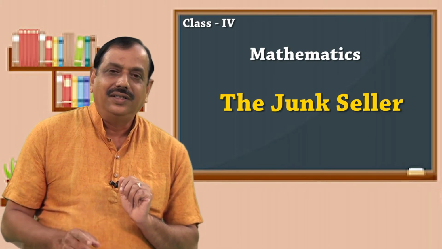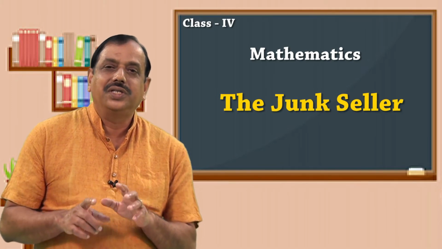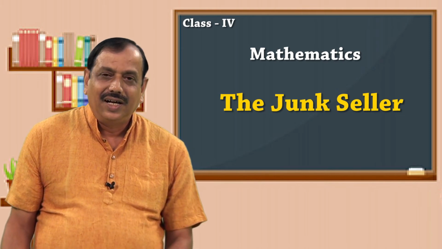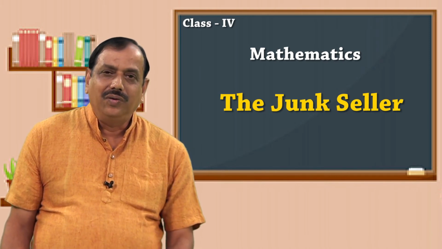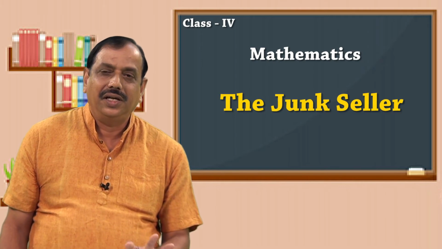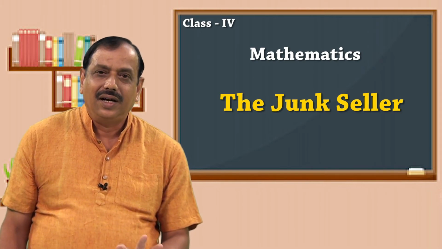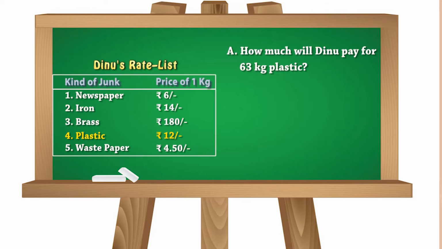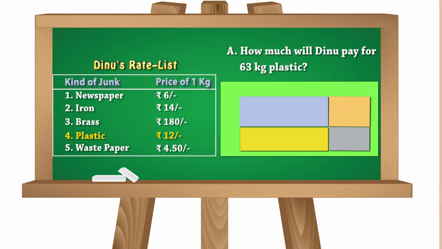How much is Dinu going to pay for 63 kg plastic? You have learned to compute this using the box method. Use the box method and compute the amount Dinu is going to pay for 63 kg of plastic at the rate of 12 rupees. In the box method, 63 kg is split into 60, that is tens, and 3 units.